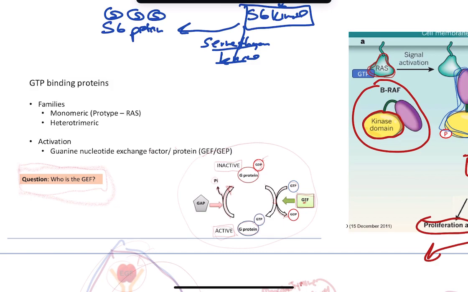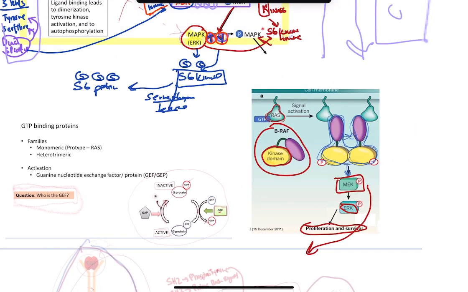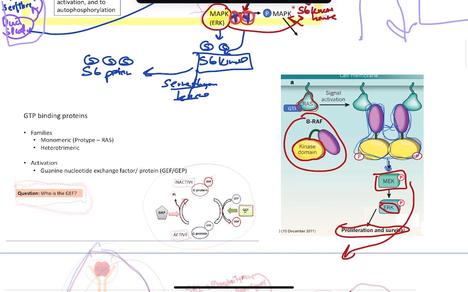So that RAS is going to bring these RAFs together. So what's the difference between our monomeric and our heterotrimeric? Monomeric is one single subunit. Heterotrimeric is going to be our alpha, beta, gamma.